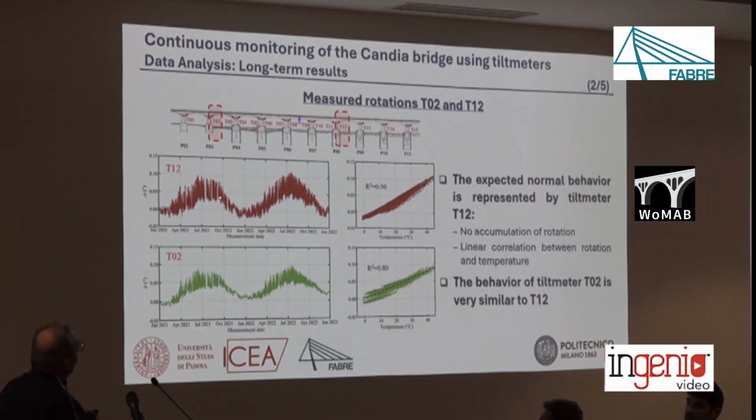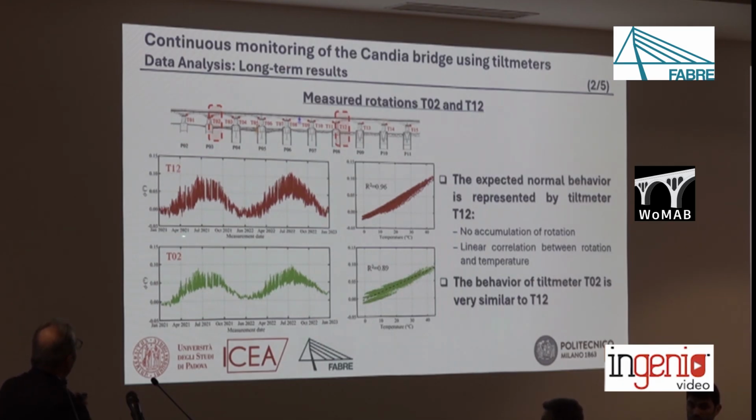And the normal behavior of the rotation is represented by this tilt meter. In fact, you can see that there is no accumulation of rotation, and in addition, there is also a linear correlation between the measured rotation and the measured temperature.